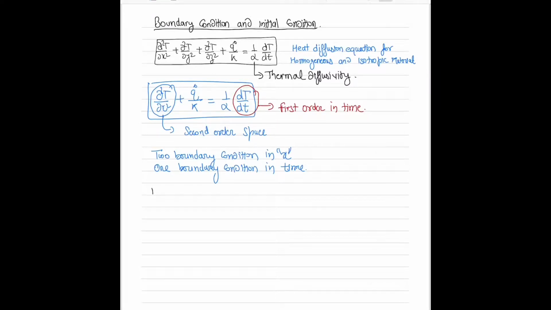In heat transfer, there are mainly three types of boundary condition. First is the Dirichlet boundary condition, second is the Neumann boundary condition, and third is known as the mixed boundary condition.